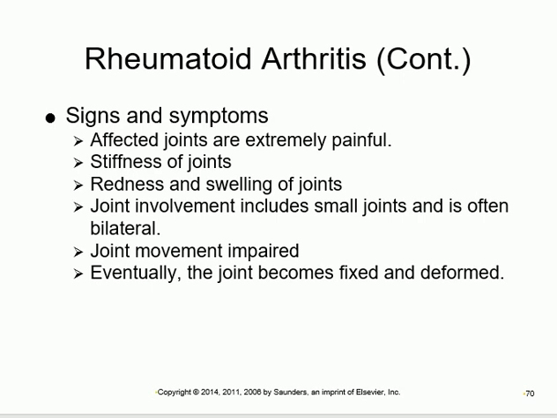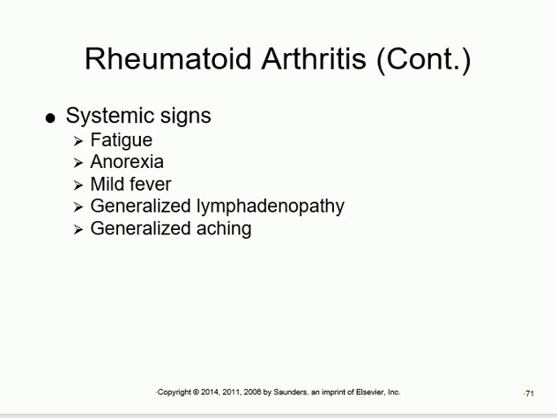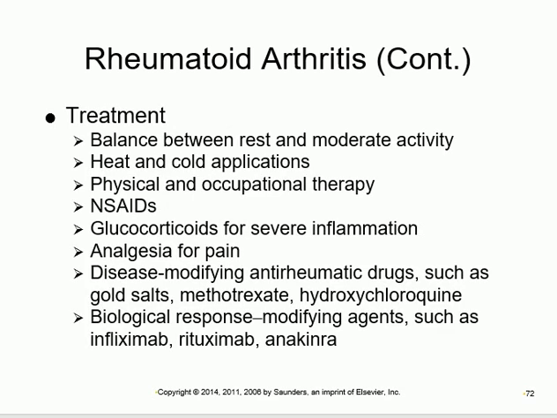Are we following? Osteoarthritis, big joints, bilateral. This, small joints, bilateral. And the joints will be stiff, red, swollen, painful. Remember those. And then there will be some deformity. These are the general or systemic side effects.